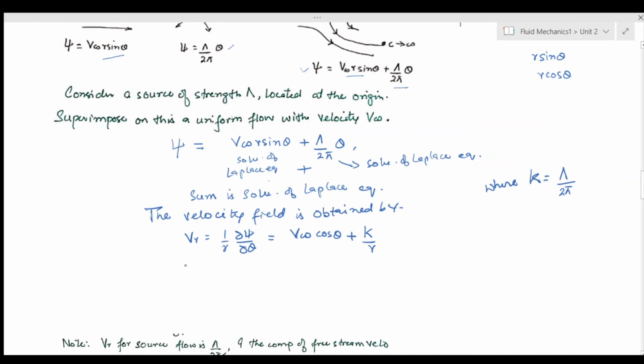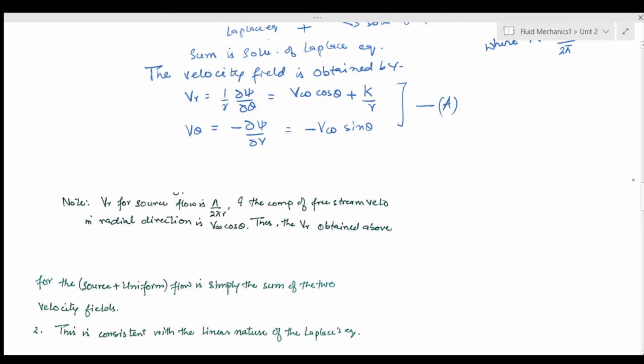And V theta is nothing but minus del psi by del r, which would be minus V infinity sine theta. So I know both my Vr and my V theta.